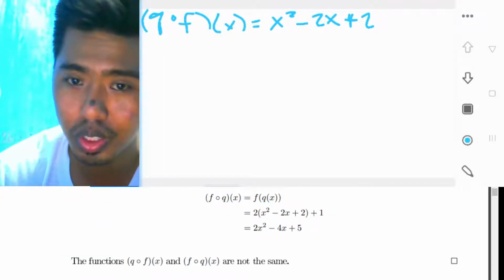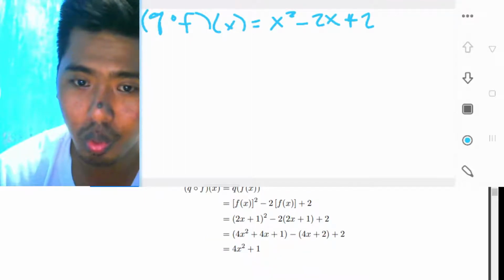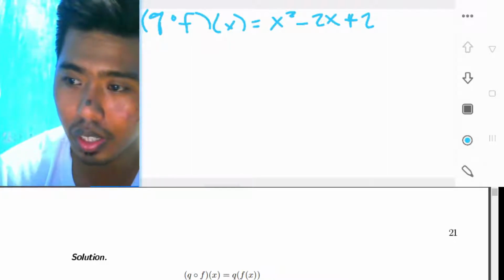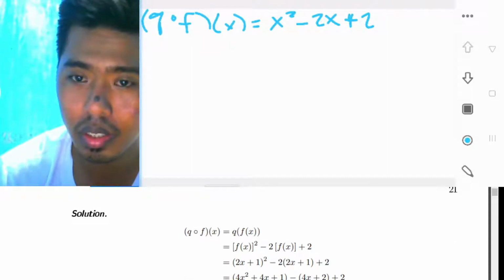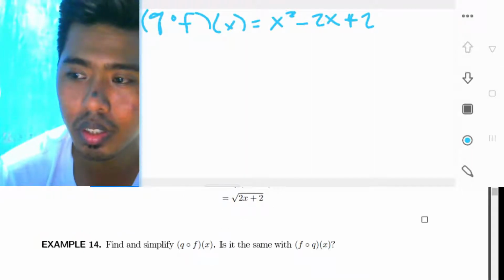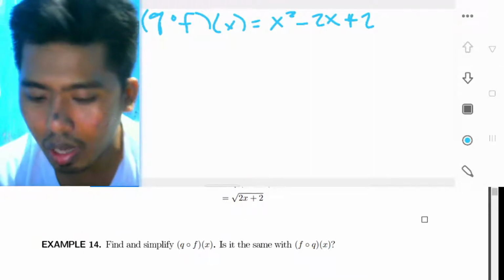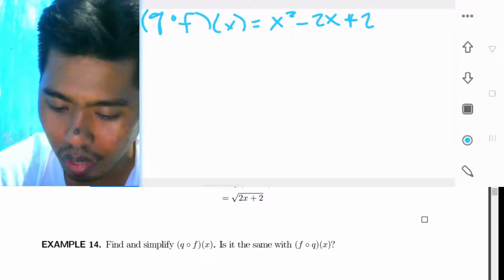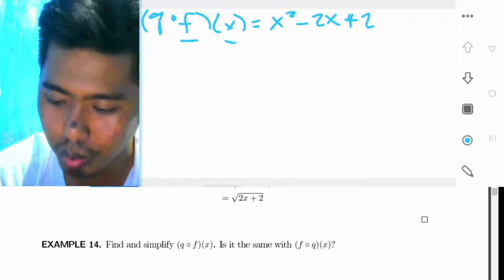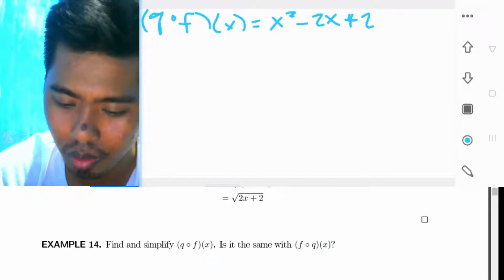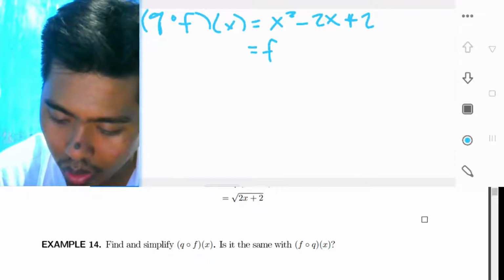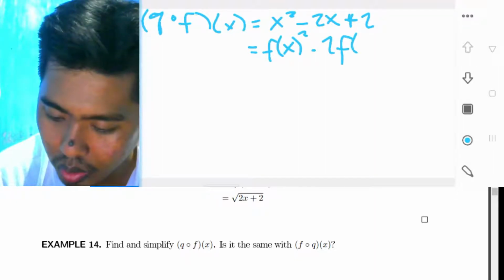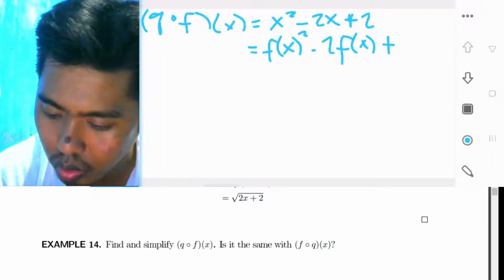Now there is a composite, q composite f of x. Every x, we need to change into f of x since that would be the composite. So this would become f of x squared minus 2 f of x plus 2.